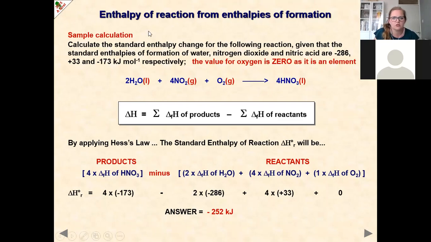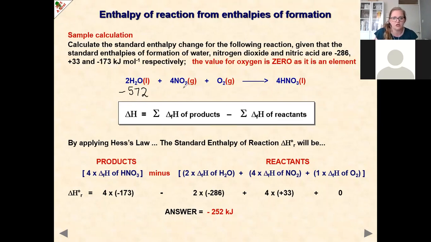So that would be 2 lots of minus 286, which is minus 572. So our enthalpy of formation for water would be minus 572.